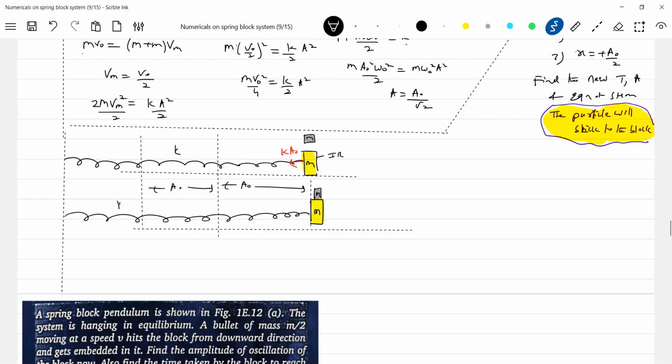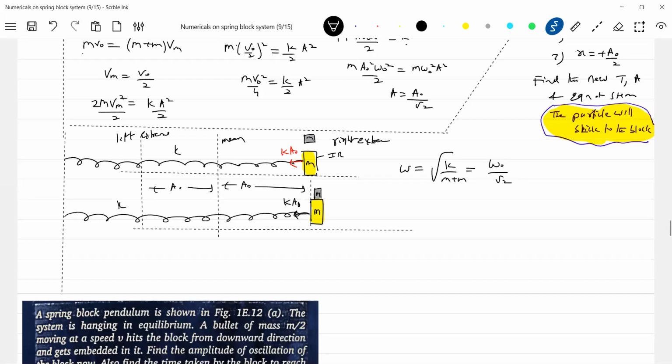Will anything happen to the amplitude, at the right extreme or left extreme? The same spring force will not change. So only the new angular frequency will be root of K by m plus m, which equals omega naught by root 2.